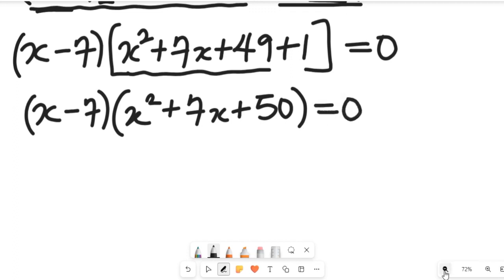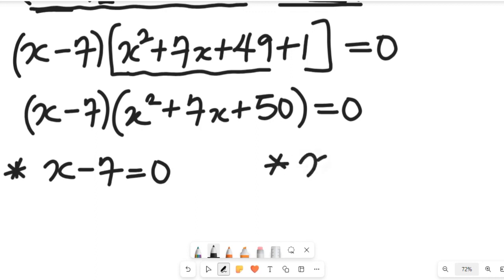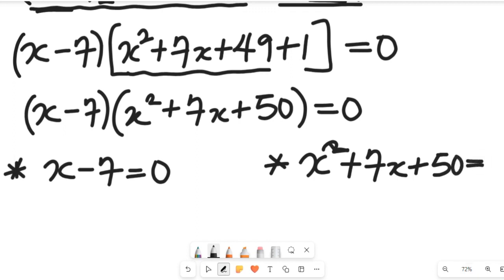So if we apply the product rule, we'll have our first case to be x minus 7 equal to 0, and we'll have our second case to be x squared plus 7x plus 50 equal to 0.